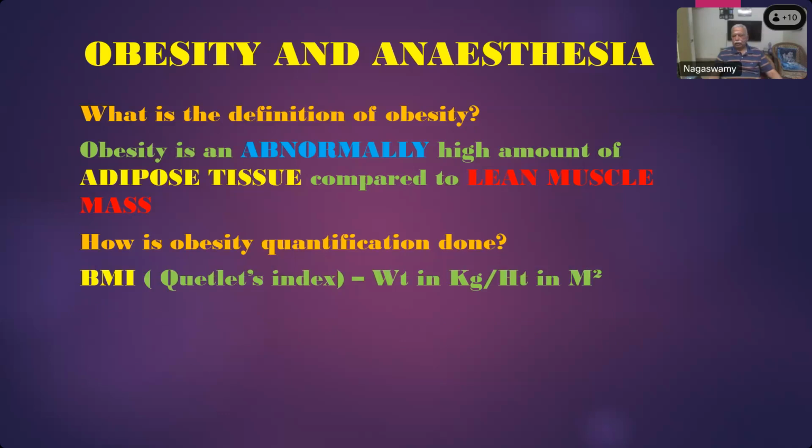There is a small story of how he got this formula. He was an insurance agent. In those days, when you take insurance, if something happens to the life assured person, then the insurance company has to pay the entire amount.